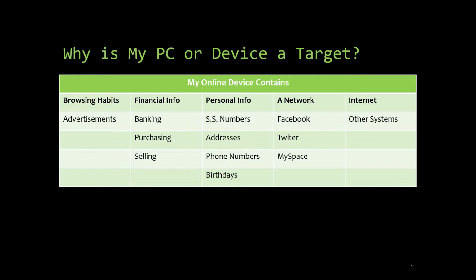You have personal information such as social security numbers, birthdays, addresses, email addresses, phone numbers. You have networking, which a lot of social media is networking. It's personal networking. You also have your own internal network. On your internal network you may have various things. You have a lot of information in social media, and of course your personal device also contains the internet, which gives them a connection to other systems.